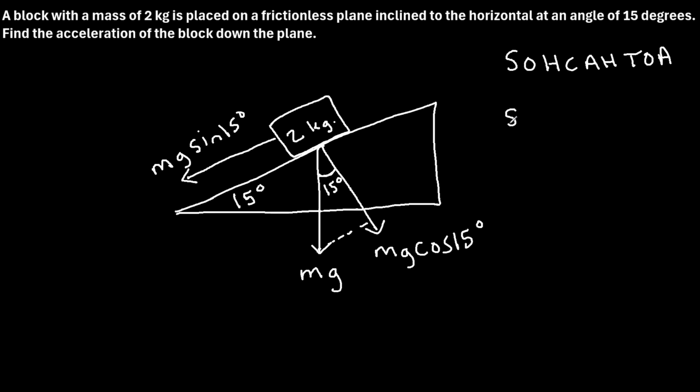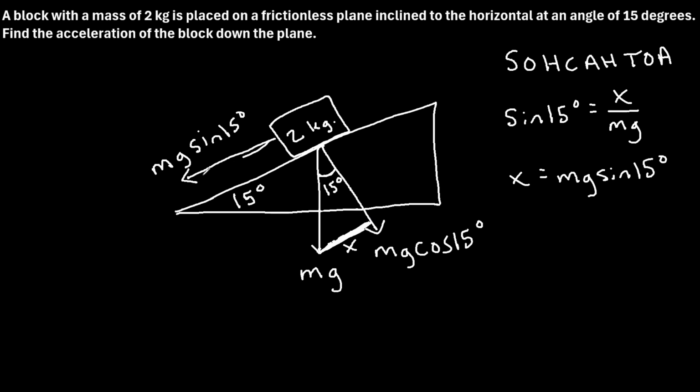So what we would have is the sine of 15 degrees is equal to x divided by the hypotenuse, mg. To solve for x, we would just multiply both sides by mg. So we'd find that x is equal to m times g times the sine of 15 degrees. So that's what the magnitude of this vector is right here, which is the same as this vector that's parallel to the inclined plane. So that's where that value comes from.